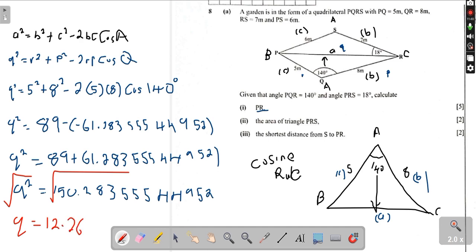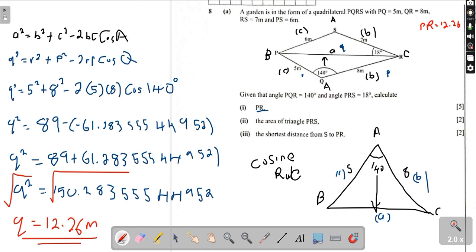So you just round it off to 2 decimal places. This was in meters. So what we've calculated here is PR. So PR is simply 12.26.